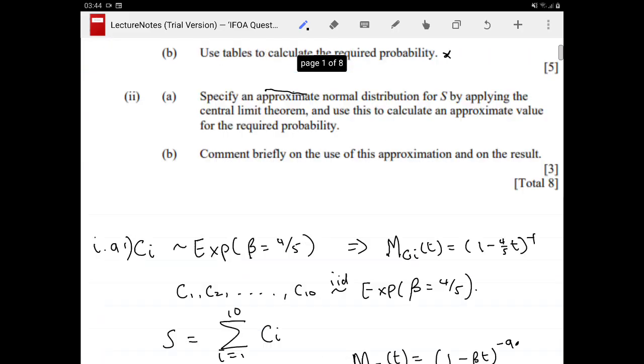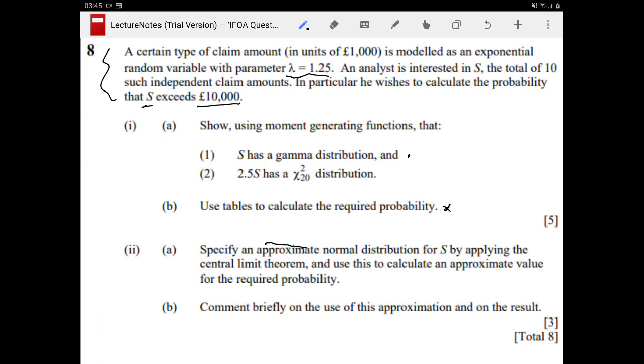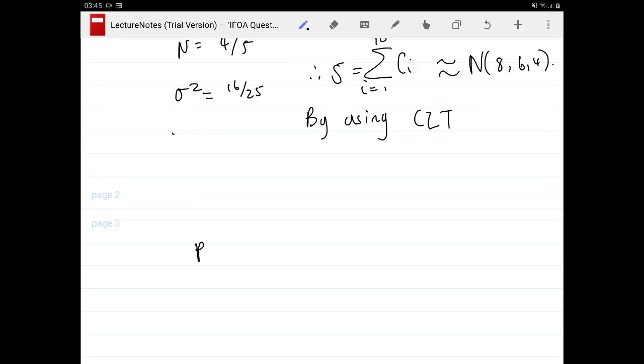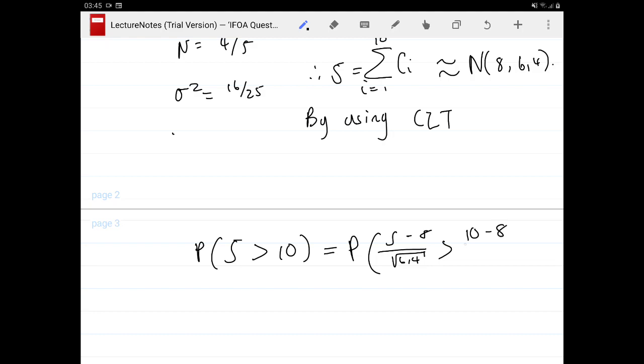Now, they ask us to calculate an approximate probability. We're trying to find the probability that our S is greater than 10. Because S is approximately normal, this probability is very easy to calculate if we standardize everything. We take our S, subtract our mean, divide by our standard deviation, root 6.4, is greater than, doing the exact same thing on the other side, 10 minus 8 over root 6.4.